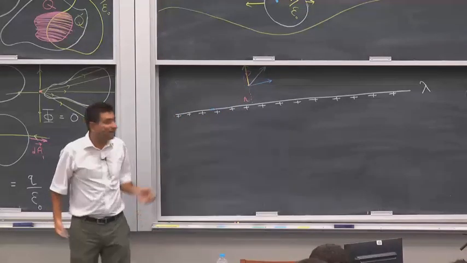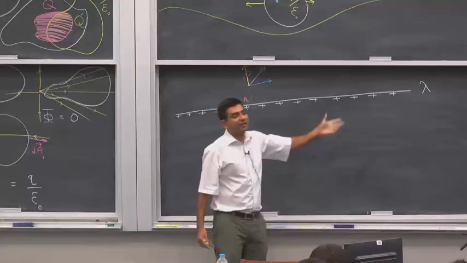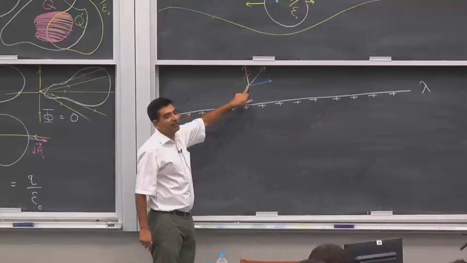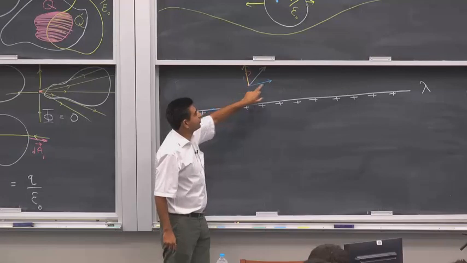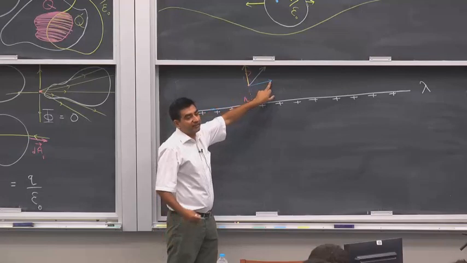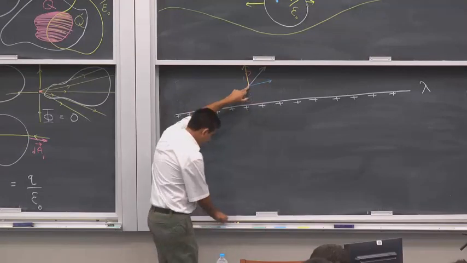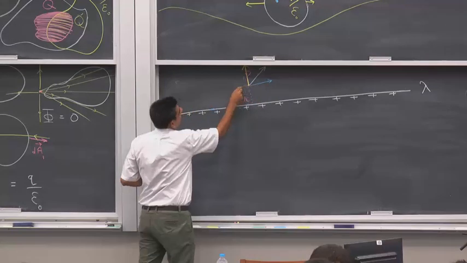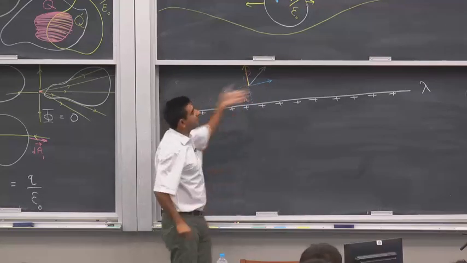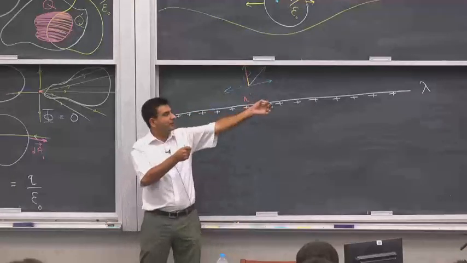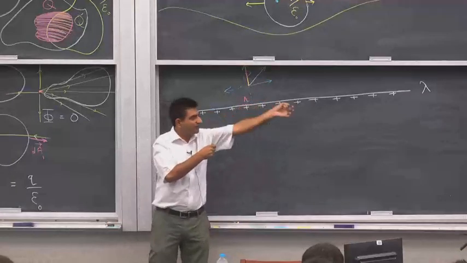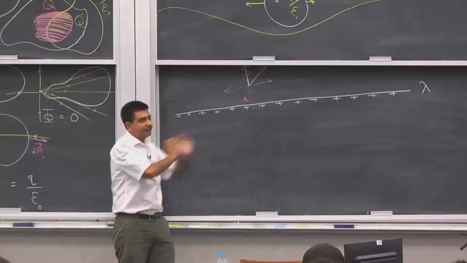Why? Because it's an infinite line of charge. What's so special about being here and having an electric field that points from one point to another? It really doesn't. Why can't the electric field point in this direction? What's so special about the right direction? Nothing. You stand here, you look towards the left, it's an infinite line of charge.